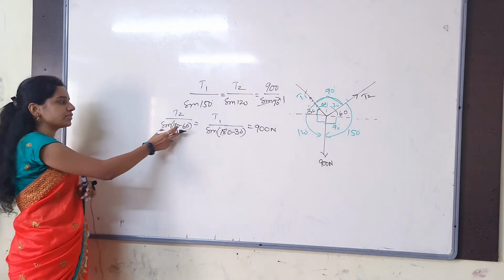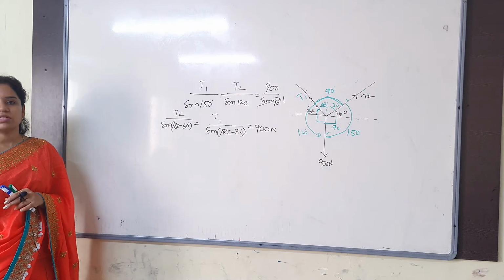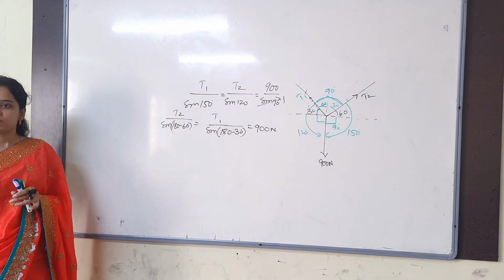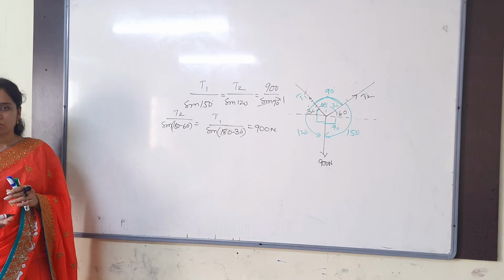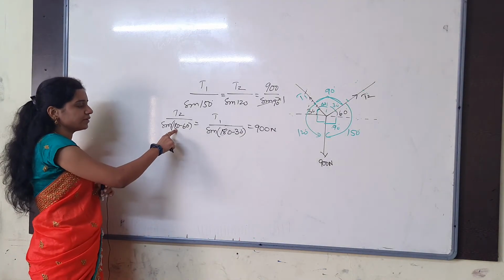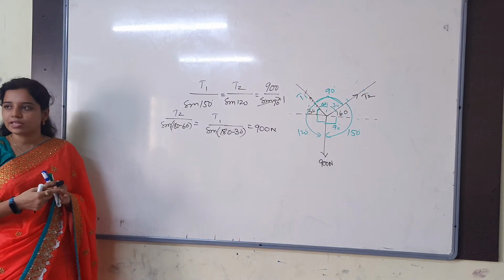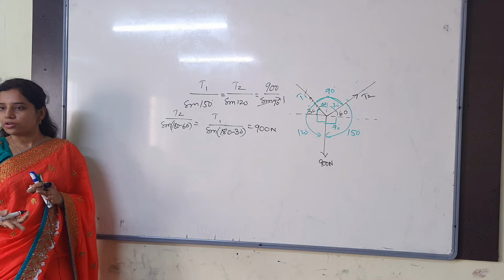Sine 180 minus 60, which quadrant? Second quadrant. In the second quadrant, sine is plus or minus? Plus. In the second quadrant sine will be plus always. Sine 180, is there any need of changing the function? No, there is no need. Sine will be sine only and also cos will be cos only.